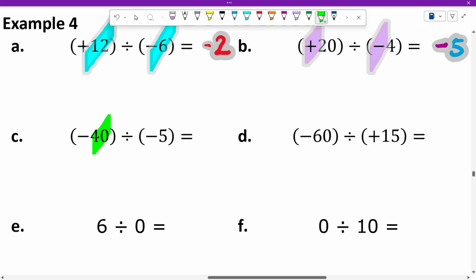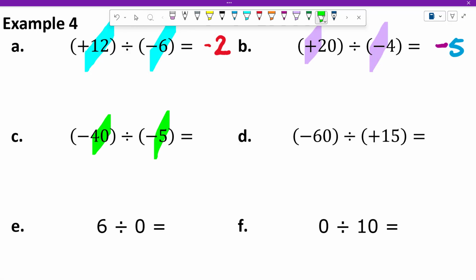So, 40 divided by 5. 8. And remember, if you're not good with dividing, you can use your multiplication chart.